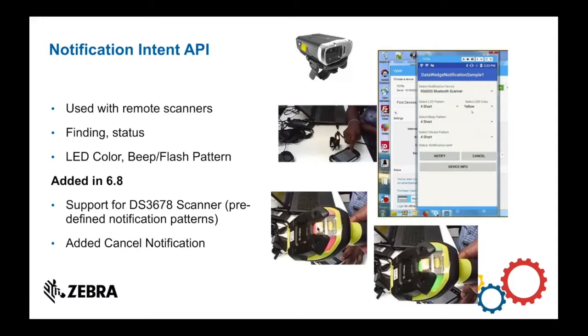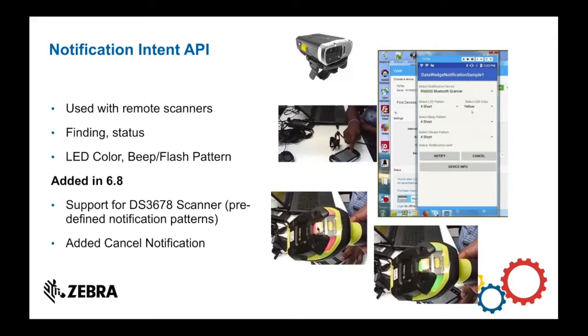So we have different APIs for you to control the LED color, beeping and flashing different patterns. So you can use this in different ways, again, to indicate successful or unsuccessful barcode scans and have your users trained to react to those differently, scan again or move on to the next product, etc.